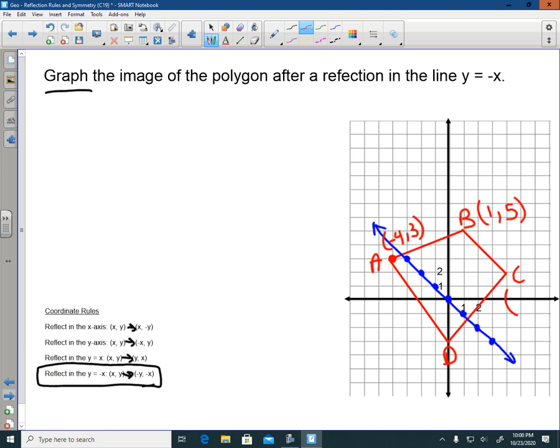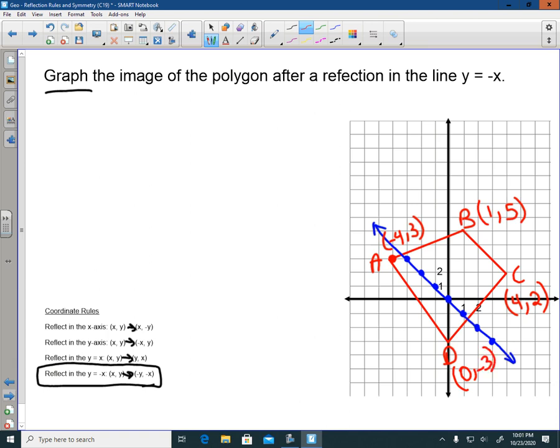C lives at 1, 2, 3, 4, 1, 2. Yeah, I just need to check it again. D lives at, let's see, 0, negative 1, 2, 3.